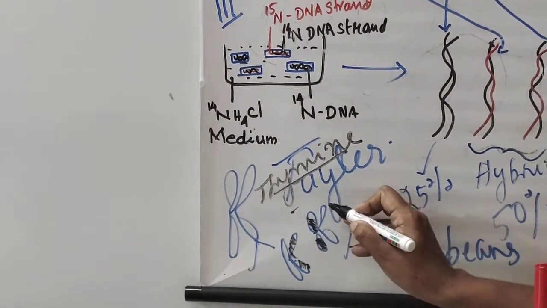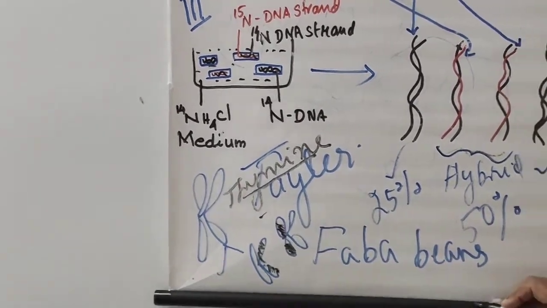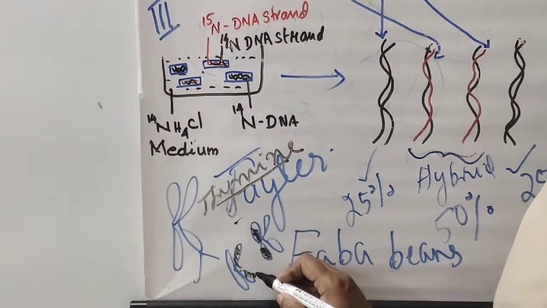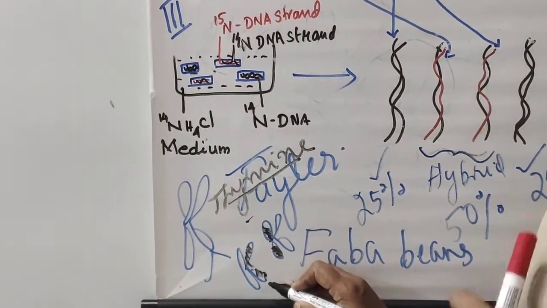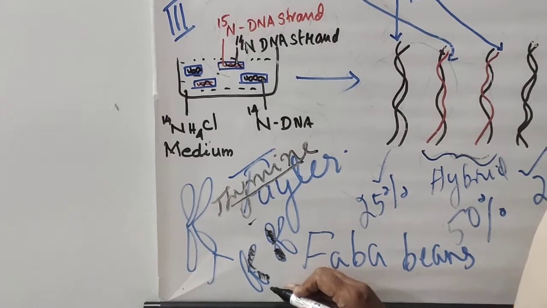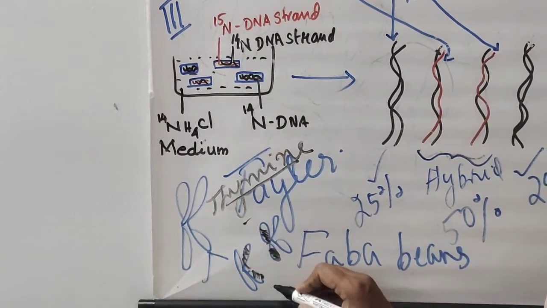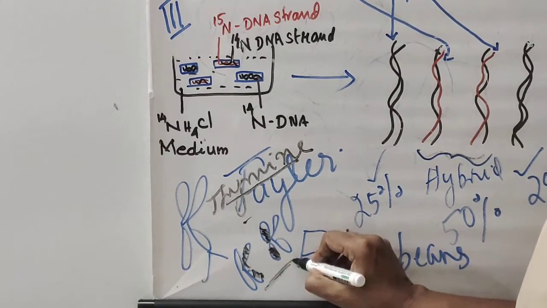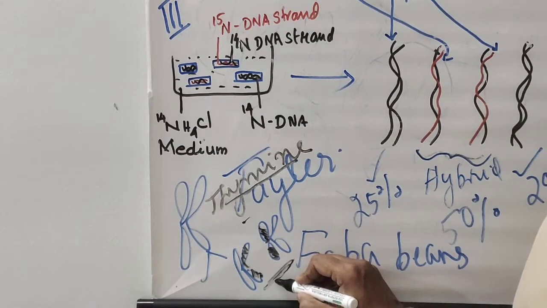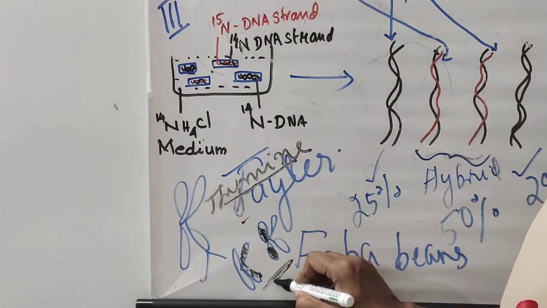So Taylor, by using faba beans, also could support Meselson and Stahl's semi-conservative mode of replication by analyzing the chromatids which were labeled with radioactive thymidine.